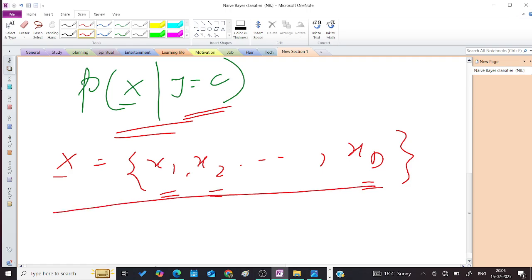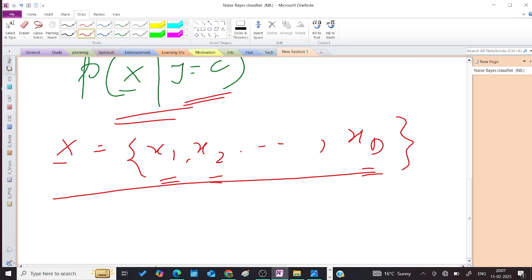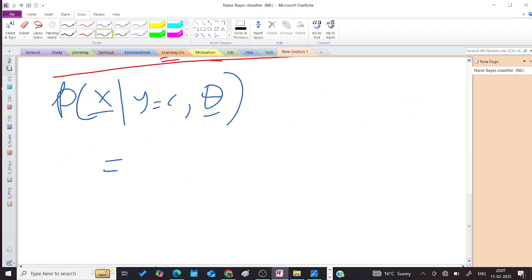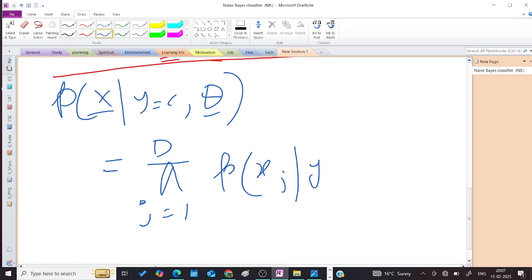Okay, so if they are independent of each other, then p of x given y equals c and the model parameter theta, we can write it as a product from j equals 1 to D over each of the features.